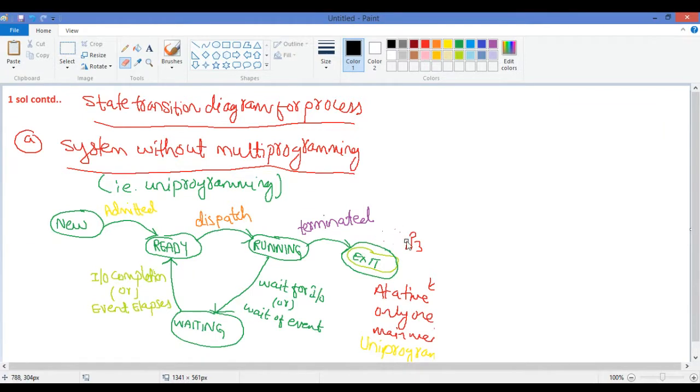So I copied and I will just show you the difference. That's all.